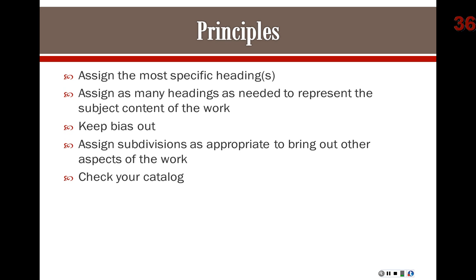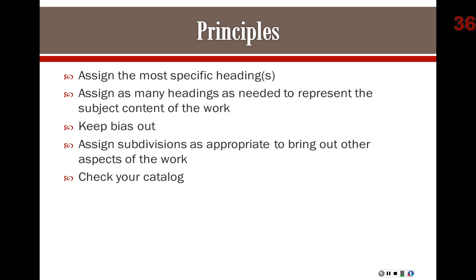Other subdivisions that we use often are whether a work is fiction. Now, we never add a subdivision of nonfiction. If a work is about gardening, it's about gardening. But if it's a fiction work about gardening, then we put that subdivision of fiction, or for juvenile works, we put juvenile fiction or juvenile literature, just to bring out that different aspect of the work.